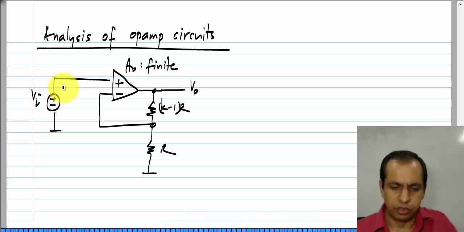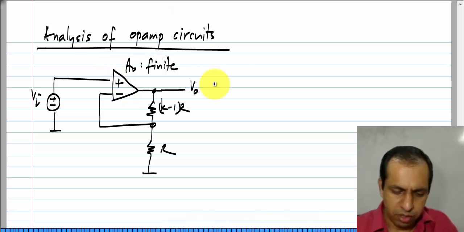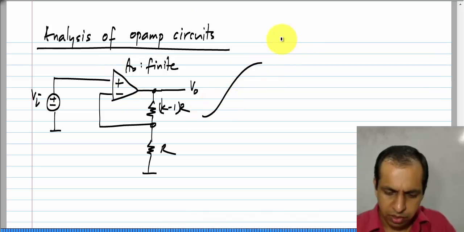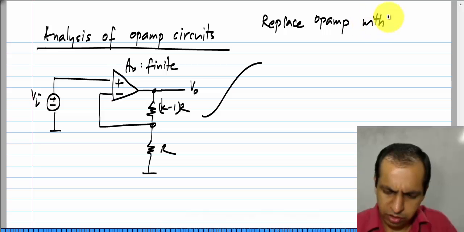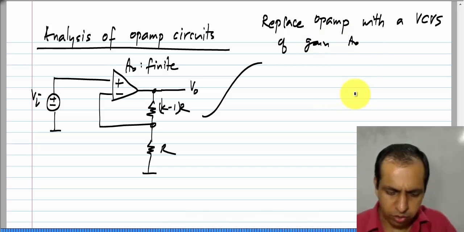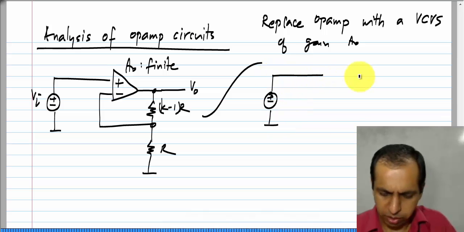Then the only thing different between this and all the circuits we analyzed before is the symbol. All we have to do is replace the op amp with a voltage controlled voltage source of gain A naught. So, my circuit becomes this.